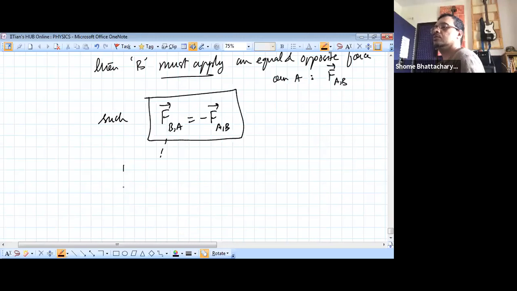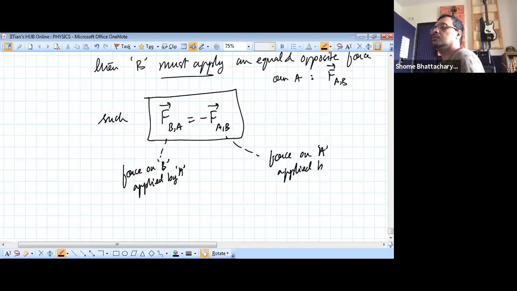So this is the force on B applied by A, and that is equal and opposite to the force on A applied by B. So you can think of this like the action, then this is the reaction, or vice versa.